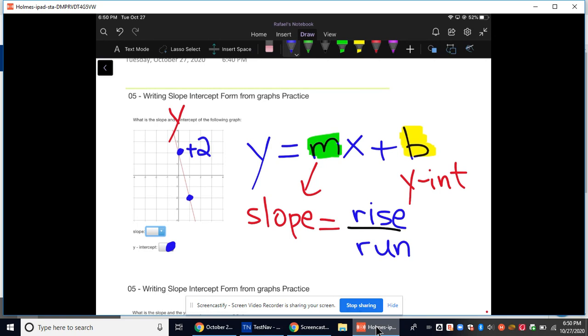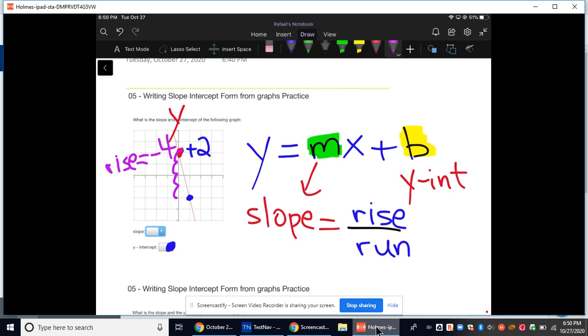All right. Now we go from left to right. So you have to rise first. So I'm going to go from the left point right here. I'm going to color it in red. And I'm going to use purple to count my rise. I'm going down 1, 2, 3, 4. So my rise equals -4 since I went down.